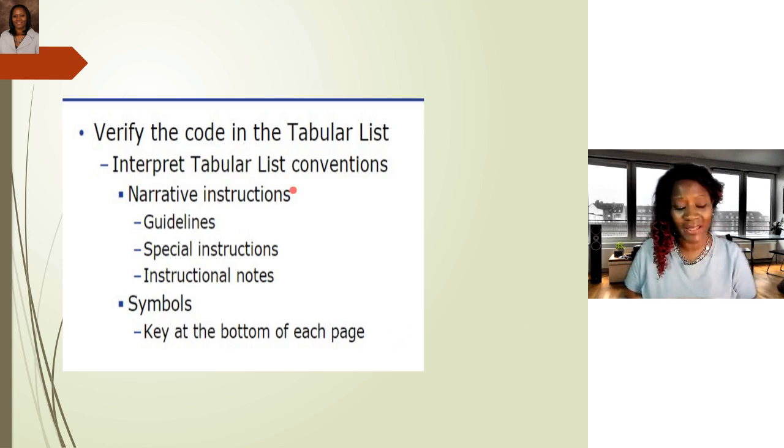You'll find all of that in the tabular list. You will not find it inside of the index. That's why we want to stay away from coding from the index, because we're going to miss valuable information. So we need to make sure we're not coding from the index at any point in time.